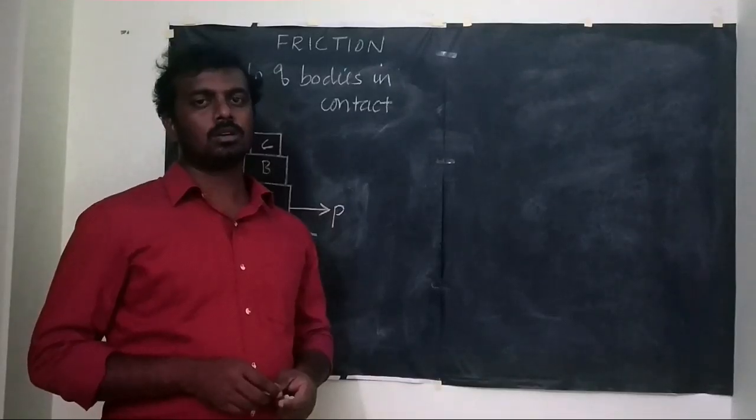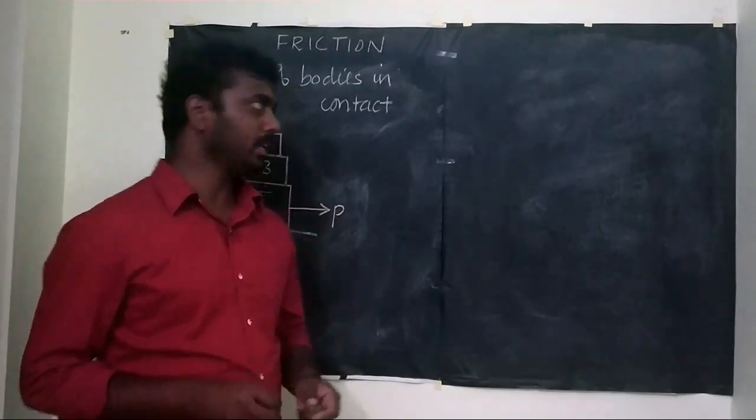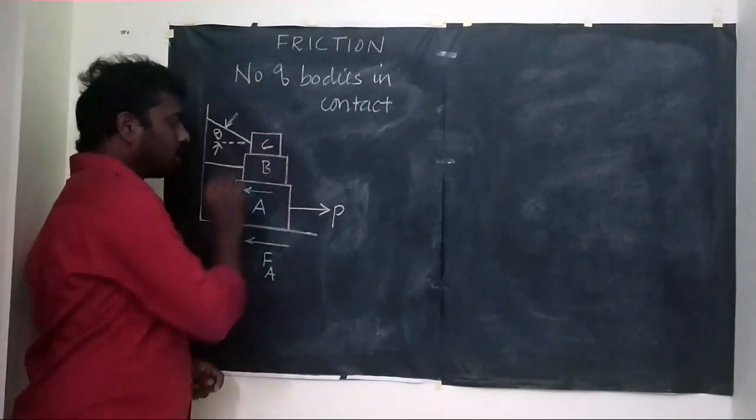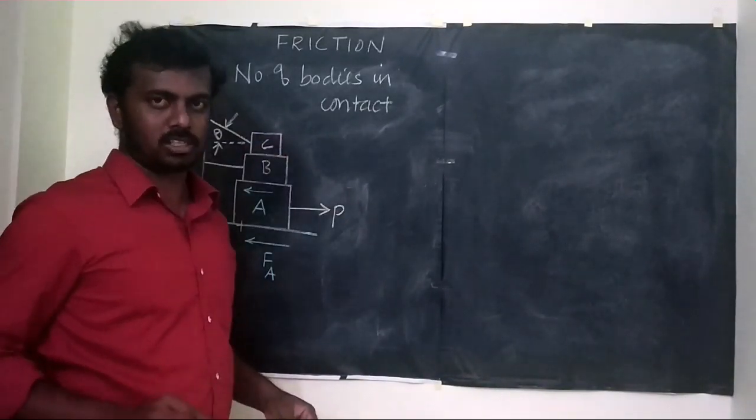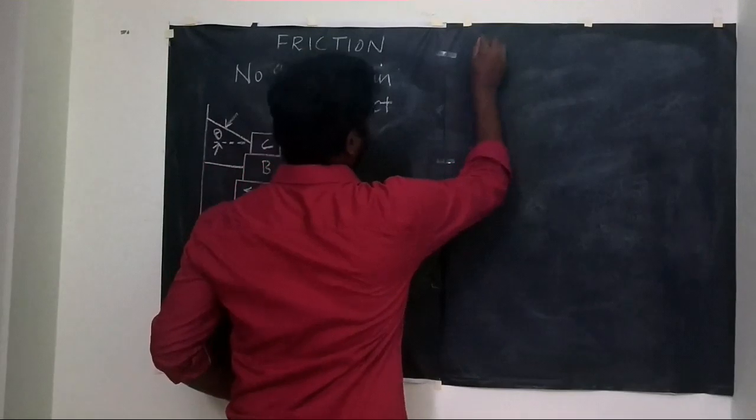Now I am going to take block B. Here block B is moving, and block A and block C are at rest. This is my second assumption.